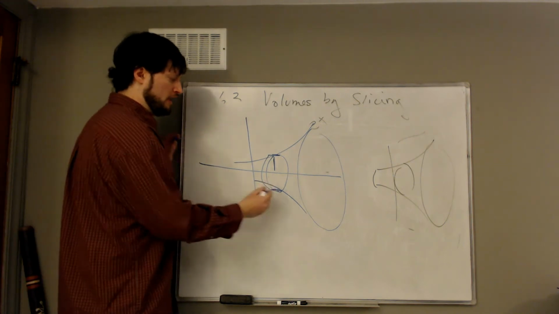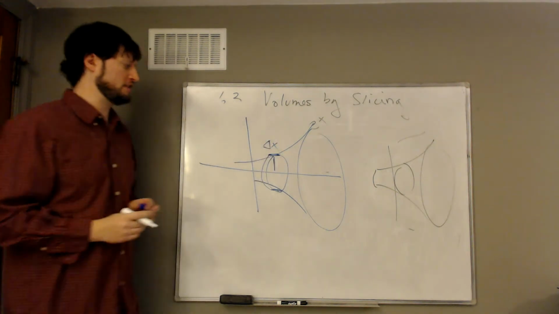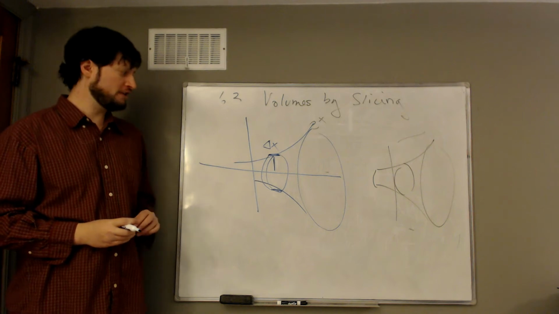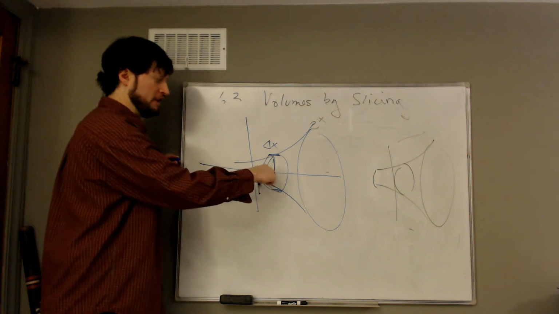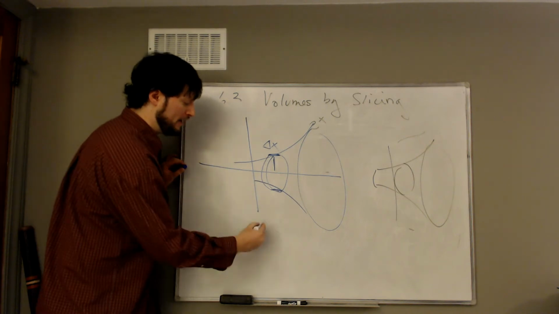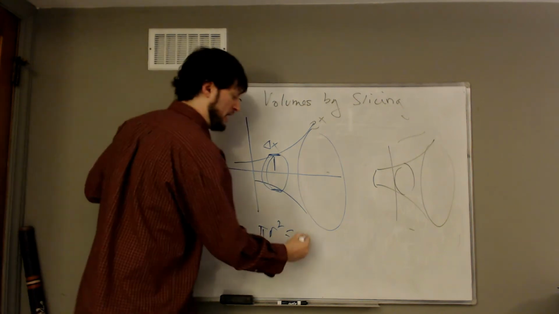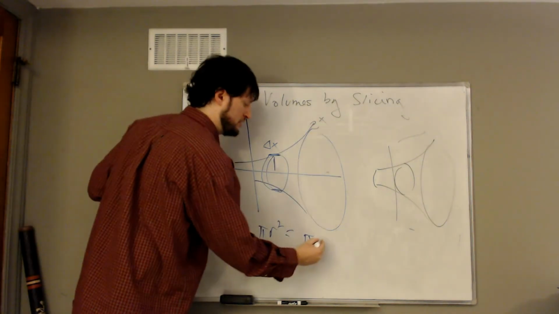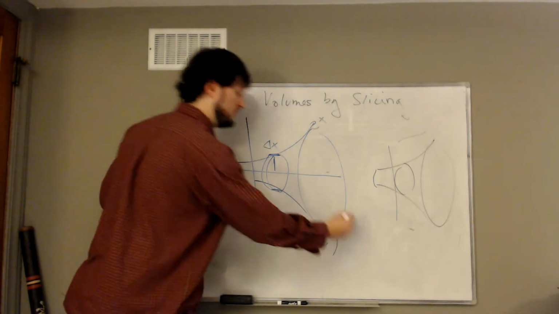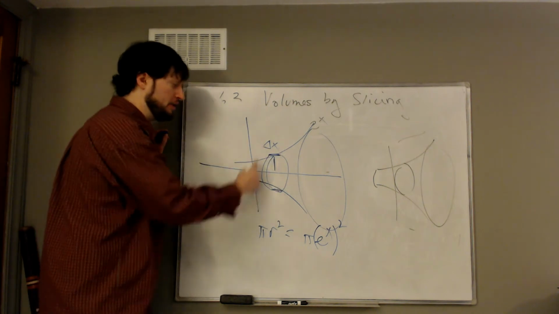Suppose that how thick this is, we're going to call this delta x. Delta x is the thickness of our slice. The radius of the circle is the function height. So pi times r squared for this piece is pi times the function height, e to the x, squared. That's the area of the circle.